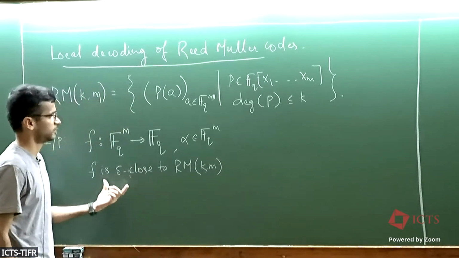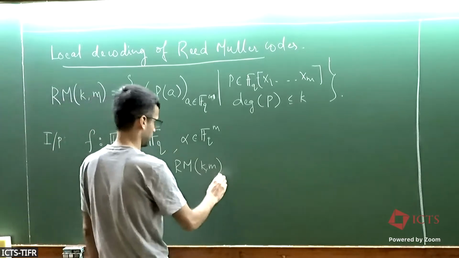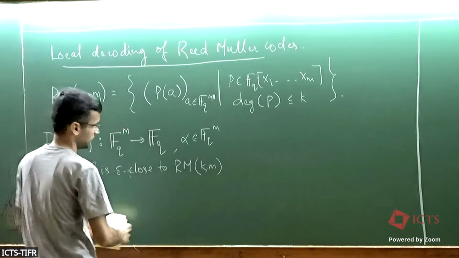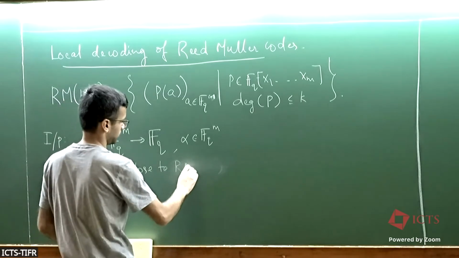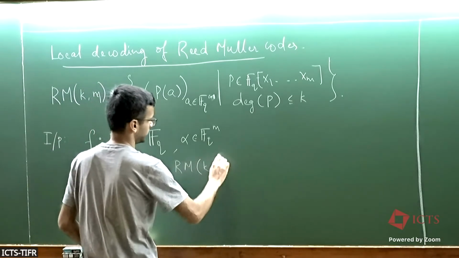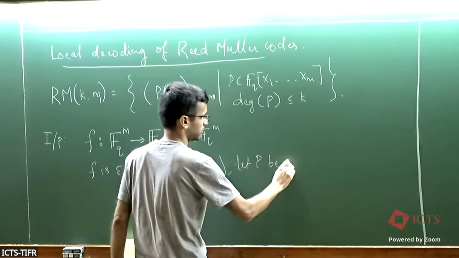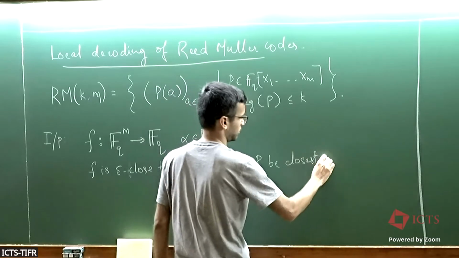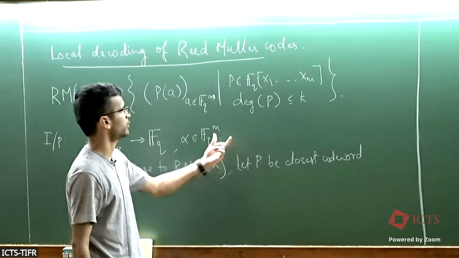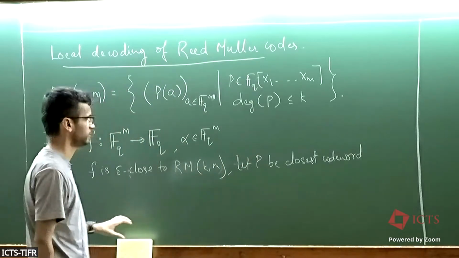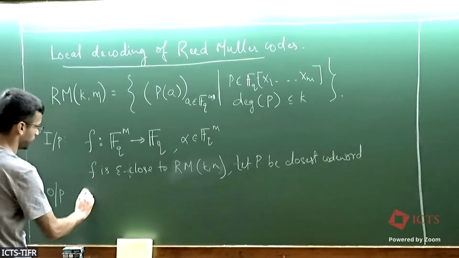Okay, and our goal is to output. So let's say it's epsilon close to RM(k, m). Let p be the closest code word. So p is the m-variate degree k polynomial whose encoding is closest to the function f. And our output has to be p of alpha.